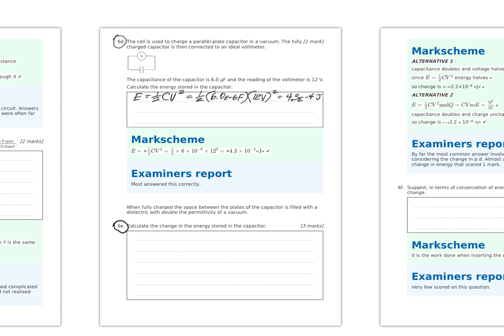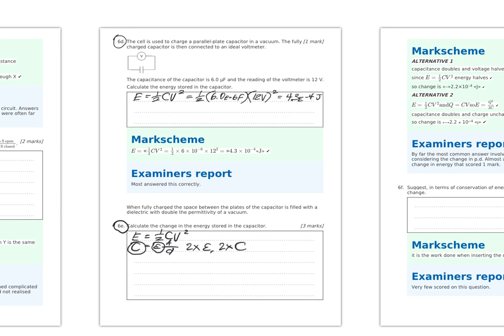Well, again, energy is 1/2 CV squared, and the voltage across the plates is the same, but the capacitance is not, because capacitance is permittivity times the area of the plates over the distance between the plates. Area hasn't changed, distance hasn't changed, but the dielectric sure has. The dielectric has double the permittivity of vacuum, so that would be 2 times the capacitance.